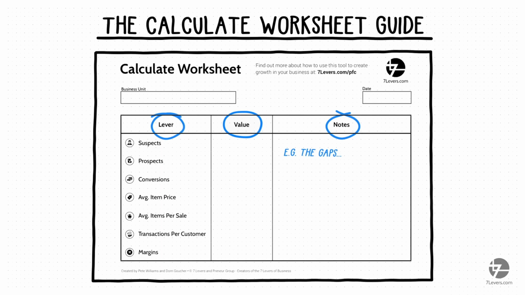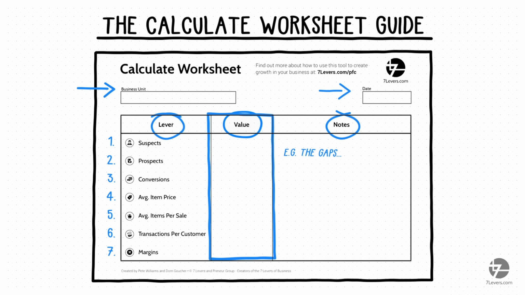So to use this sheet, start by filling out the business unit and then fill out the date that you're working through the calculate phase. And then go down one lever at a time: suspects, prospects, conversions, and so on. Calculate out the value, the end value that we're looking for, and refer to the individual lessons as to what is the end value, because the value will be a different format.